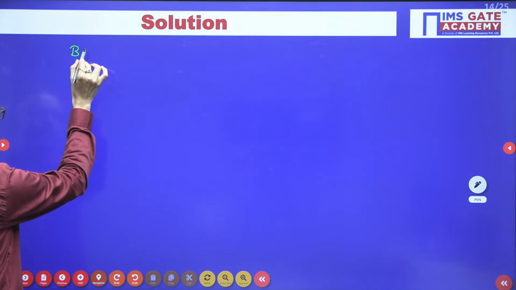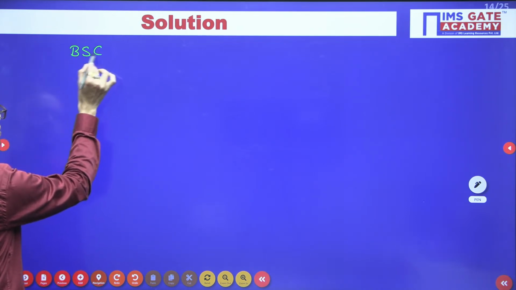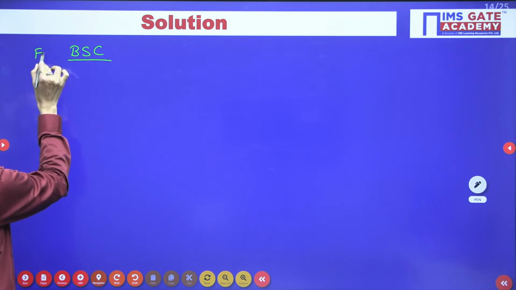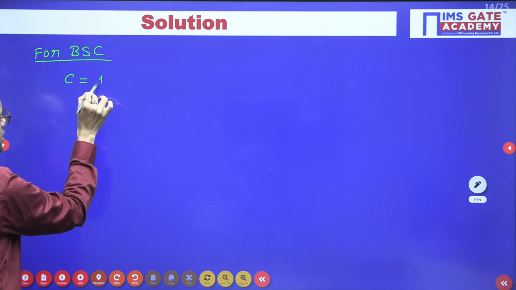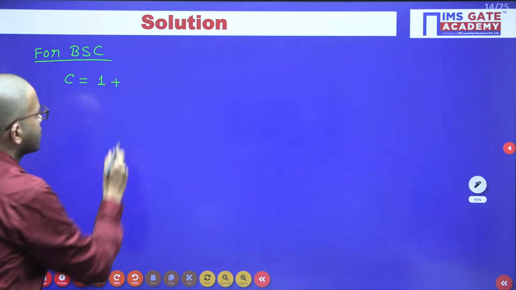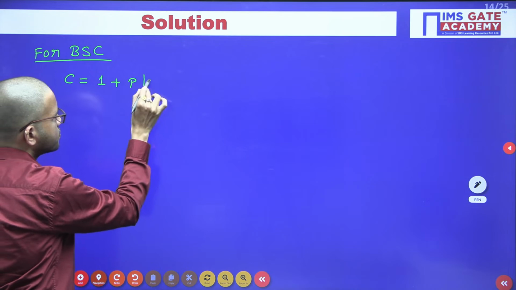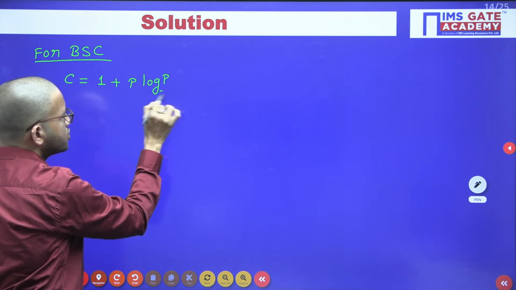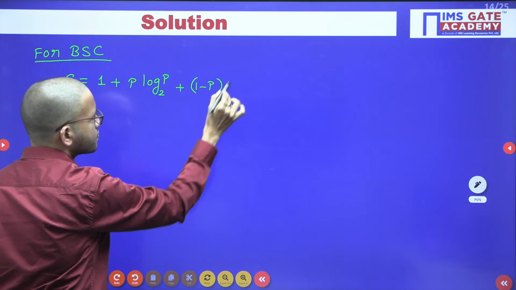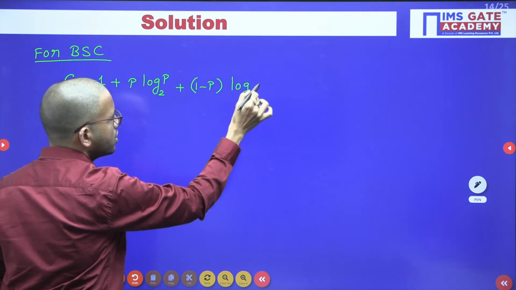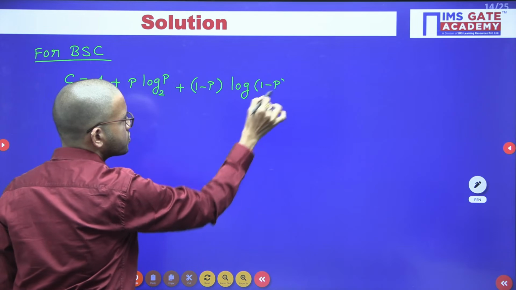For the binary symmetric channel, the channel capacity formula is 1 plus P log P base 2 plus (1 minus P) log (1 minus P) base 2.